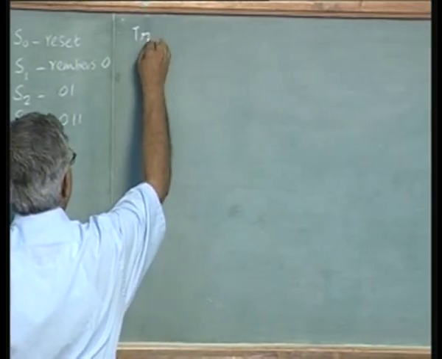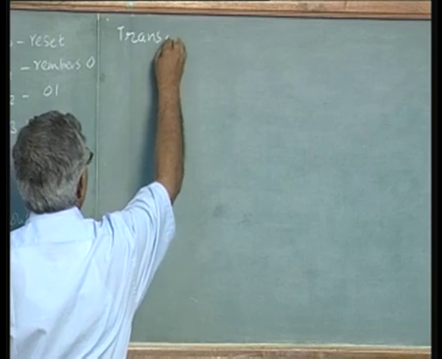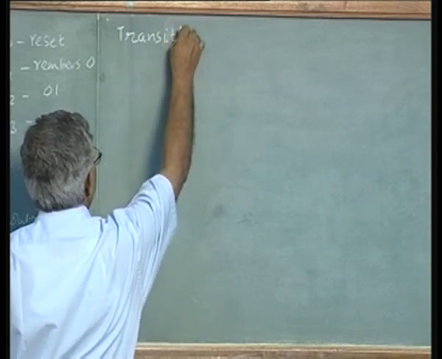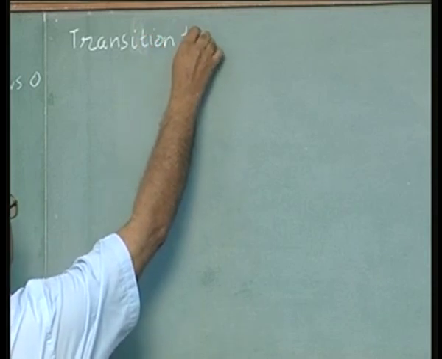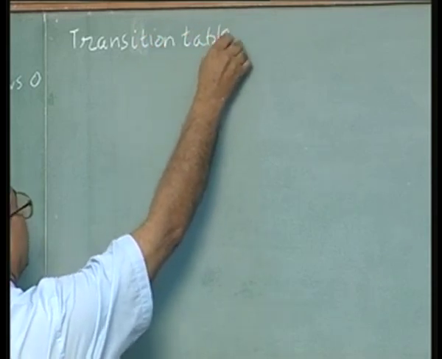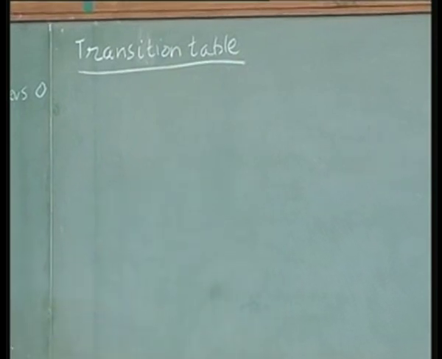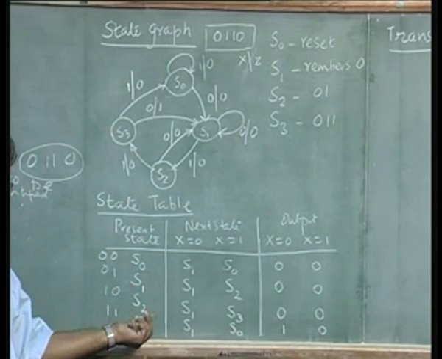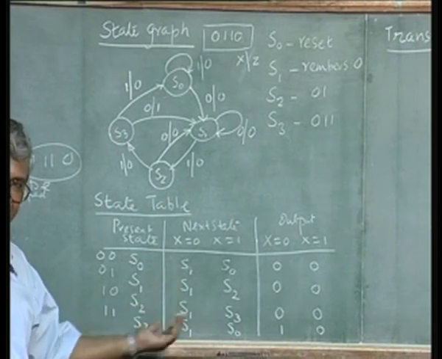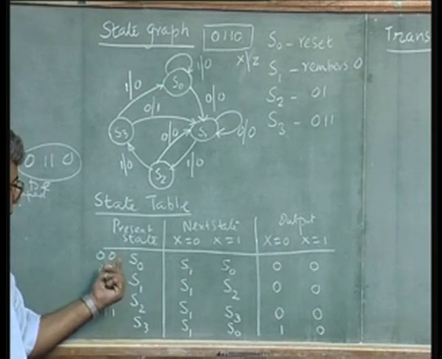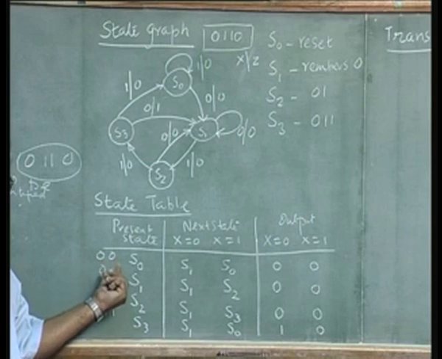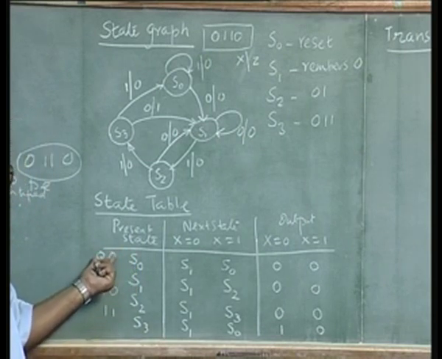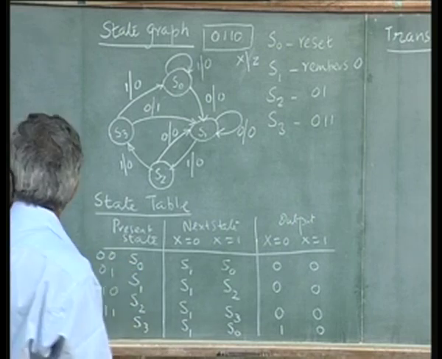The difference between a state table and a transition table, if you do not know already, is that in a state table you refer to the states as symbols S0, S1, S2 or A, B, C, P, Q, R, X, Y, Z. In a transition table you give the actual binary values for the states. So, these are the binary values. Let us call these binary variables A and B.